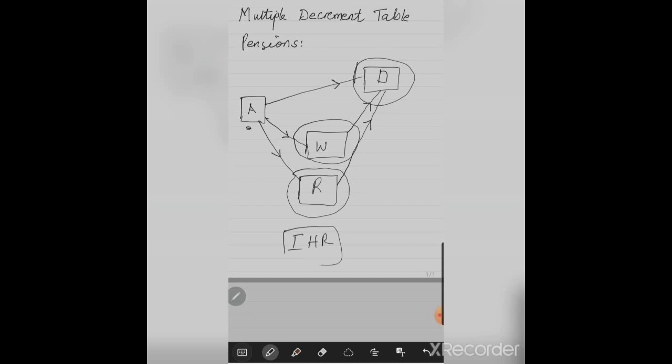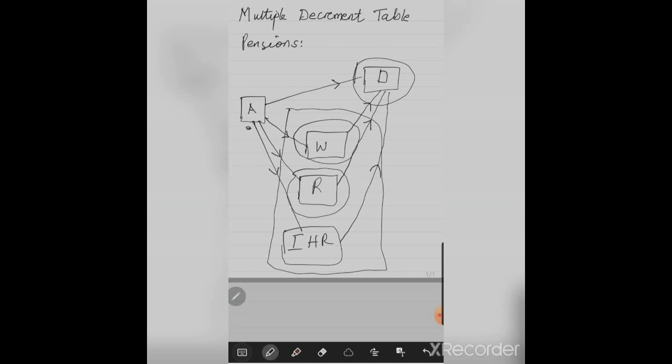So during the service he got the ill health benefit, and then there is a possibility that the person might die.